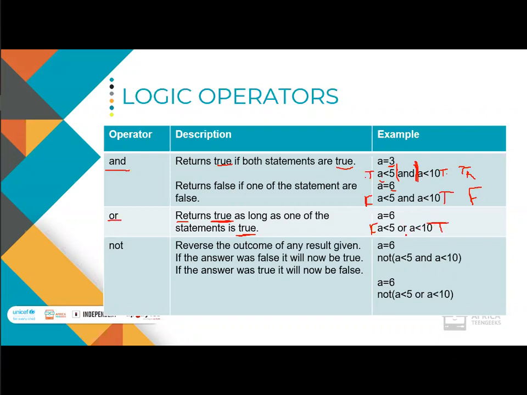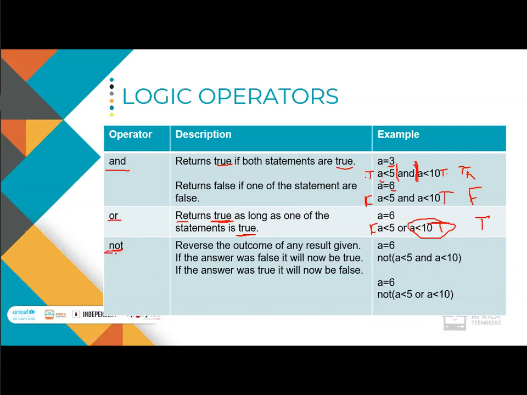But because we're using OR, it doesn't care which side is false. The only thing OR cares about is as long as one side of your answer is true, it'll give you a final answer of true. So OR will always work as long as one part of your condition is correct. So that's what we talk about as the OR statement or the OR operator.